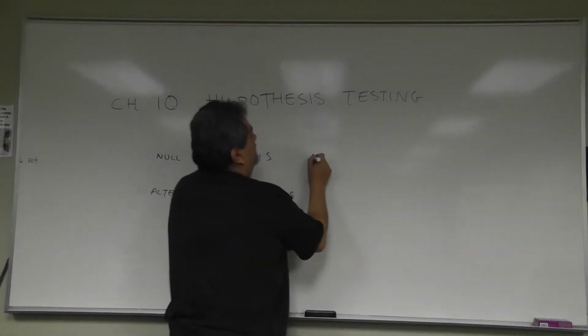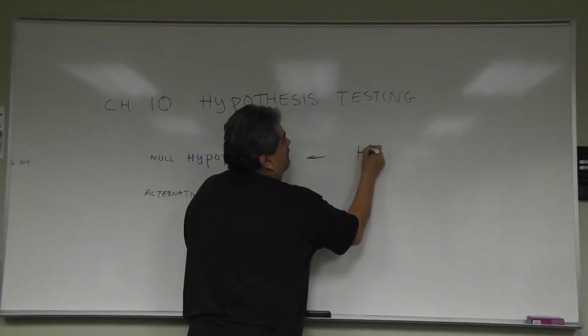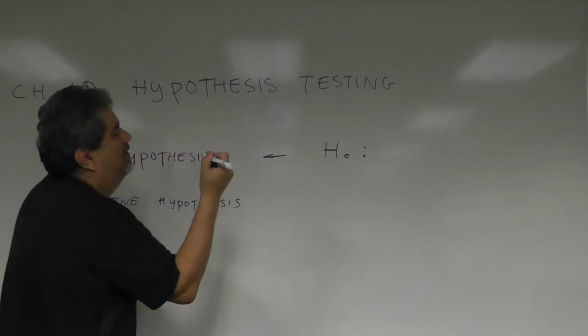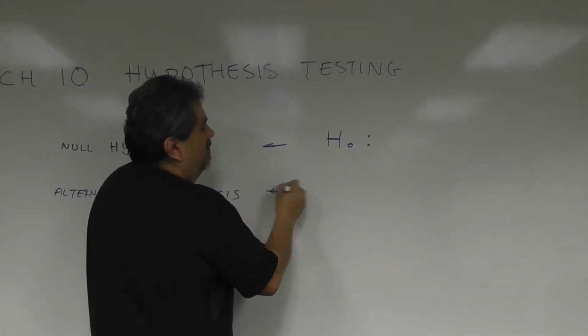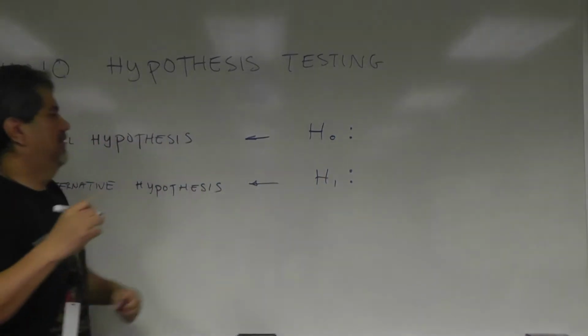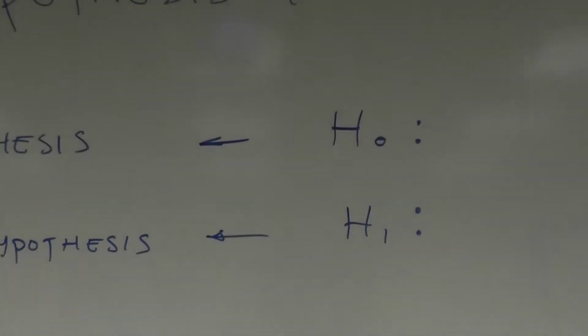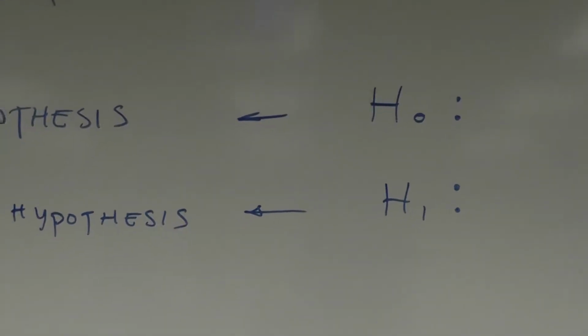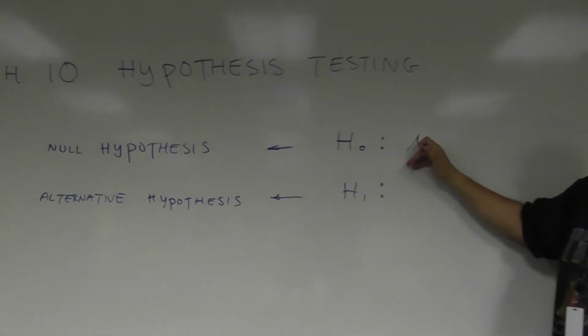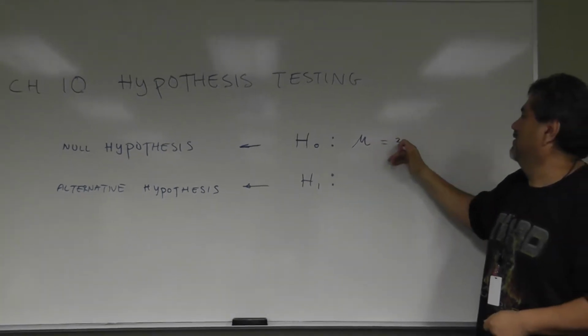This one is typically written like H sub 0 colon. And this one is typically written as H1 colon. And one example will be, for example, the null hypothesis is that the mean is equal to 30.